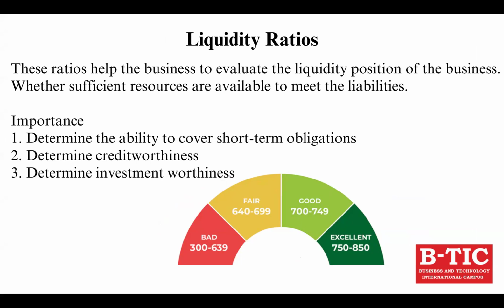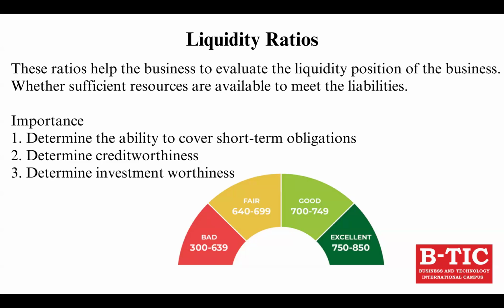This is liquidity ratios. Why do we need it? This determines the ability to cover short-term obligations. So, as I said, liquidity is the ability to convert resources into cash quickly.